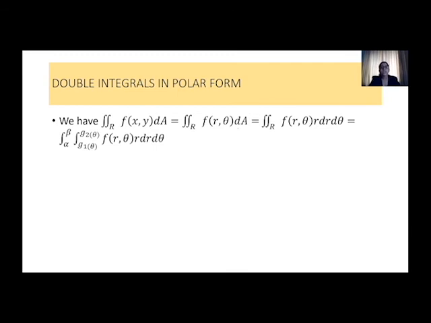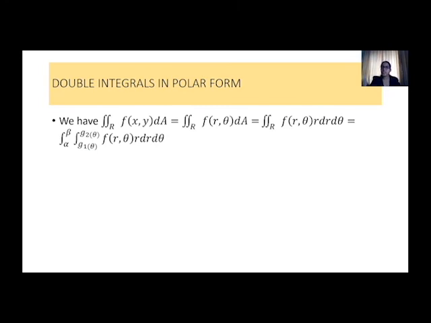Next we will change dA. dA will be nothing but r into dr into d theta. Don't forget the term r that I have explained before. This is further equal to the integral where theta varies from alpha to beta, and r varies from g1 of theta to g2 of theta, those being the polar curves, of f of r theta r dr d theta.